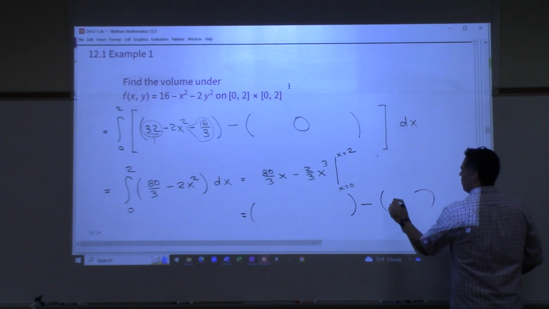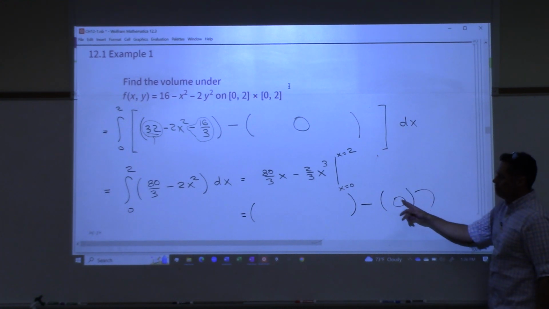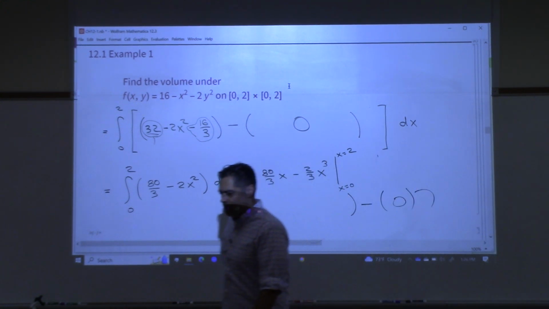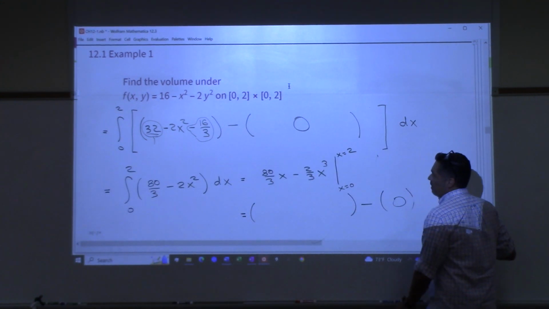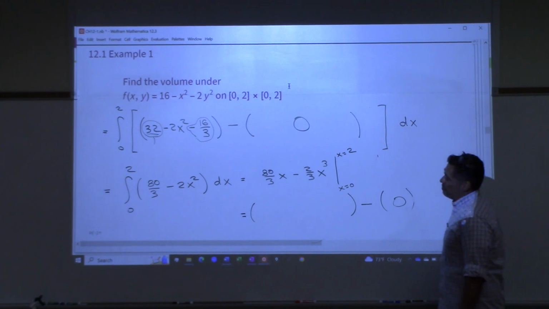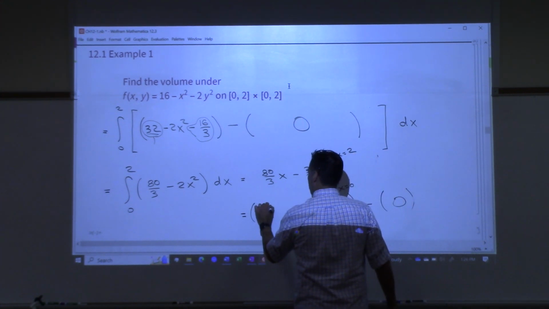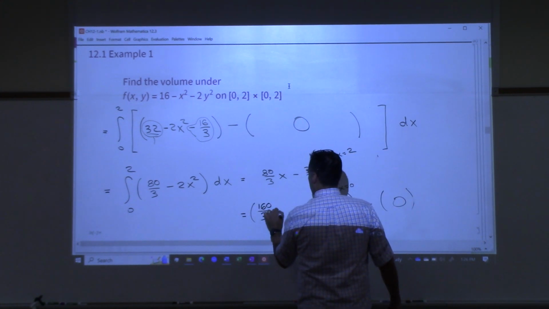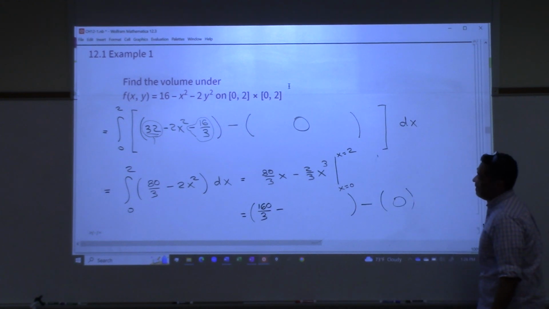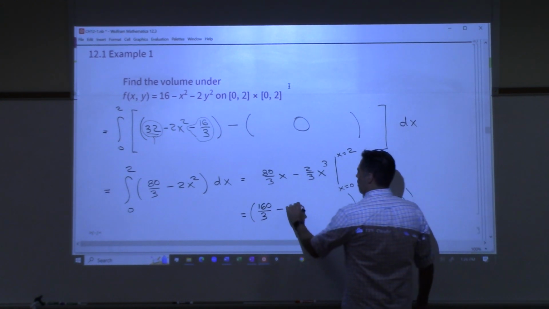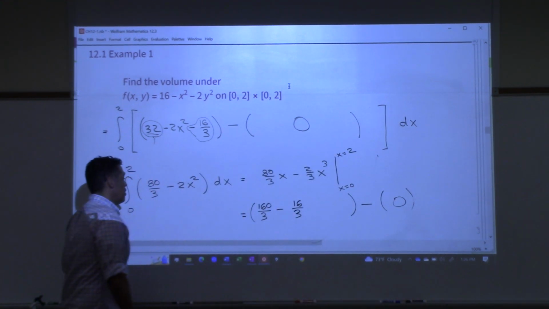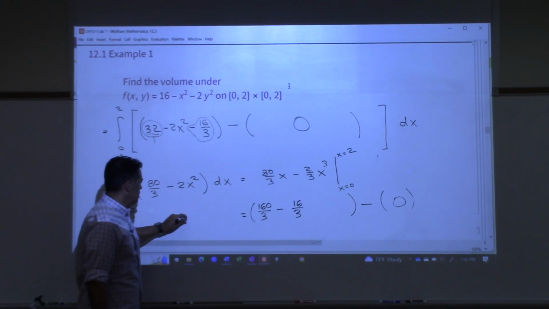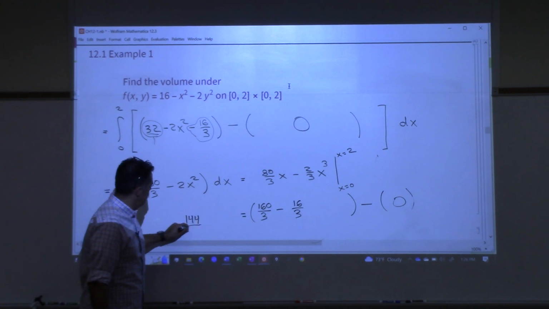I already know this one's 0, right? The second one's 0? Okay, so that's good, nice. The other one I plug into, I get 160 over 3 minus, and then there I have to cube it, so 8 times 16 again over 3. And then that's 144 over 3.